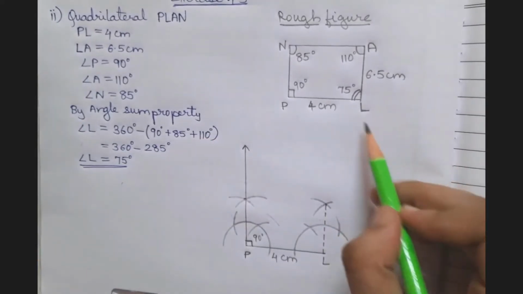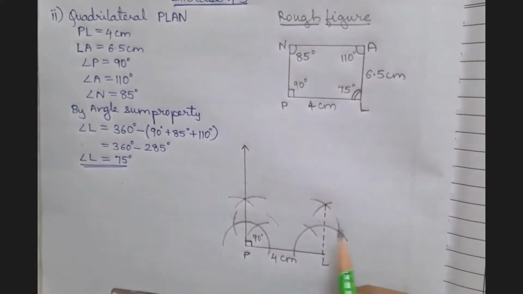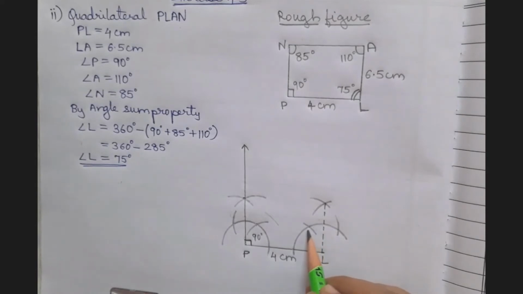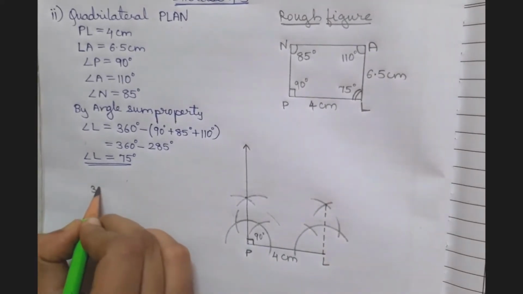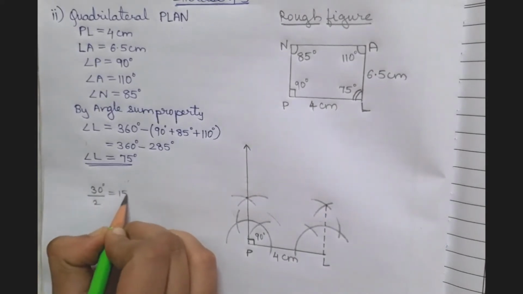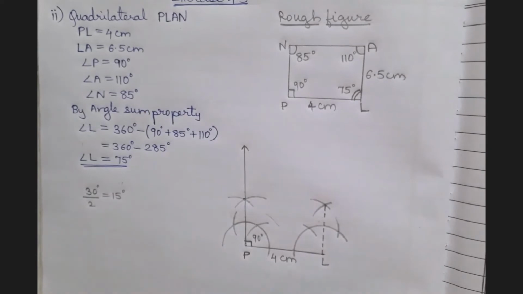Because here we don't want 90 degree, we want 75 degree. Now this is 90 degree and this is 60 degree. If you find the difference between 90 and 60, there is exactly a gap of 30 degrees between 60 and 90 degree. And if we divide this 30 by 2, we get 15 degrees. That is, if you bisect this 30 into 2, the bisector will be of 15 degree.